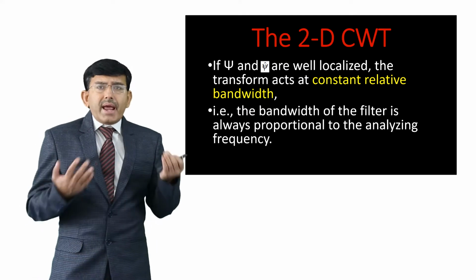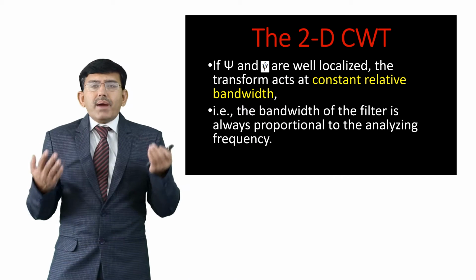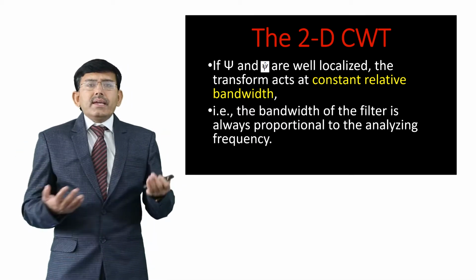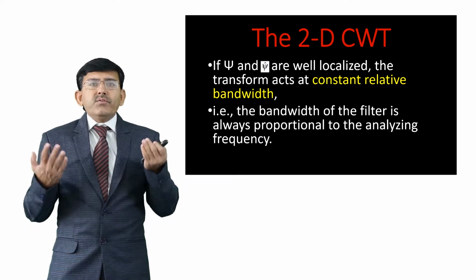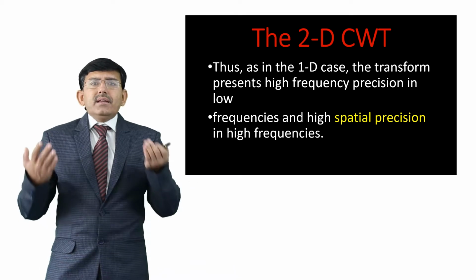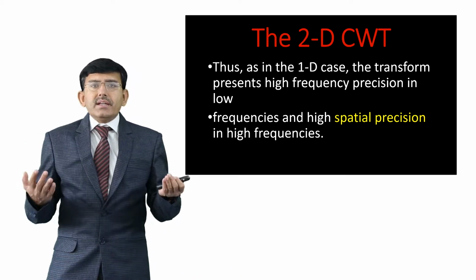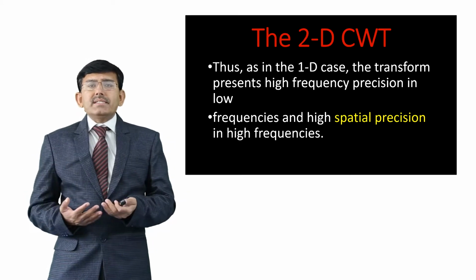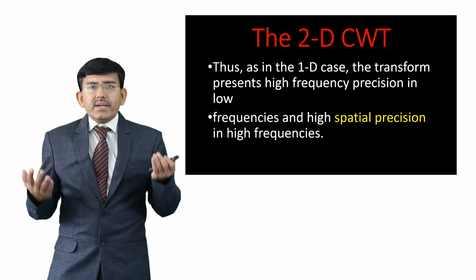The transform acts at constant relative bandwidth, that is, the bandwidth of the filter is always proportional to the analyzing frequencies. Thus, as in the 1D case, the transform presents high frequency precision in low frequencies and high spatial precision in high frequencies.